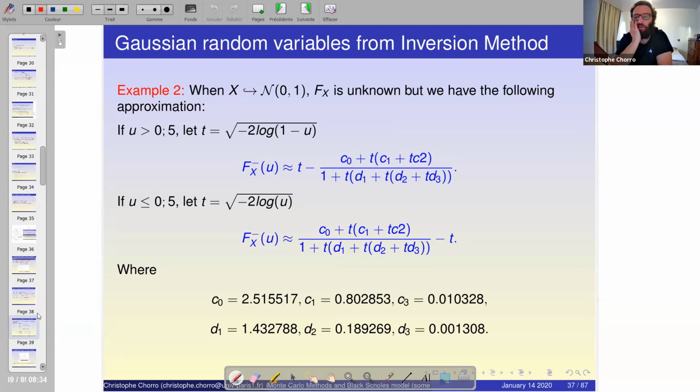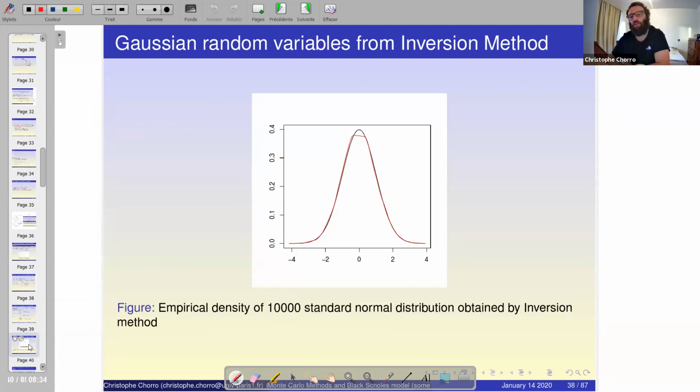But I said that we have very interesting approximations of F_X^{-1}. I give you an example of such an approximation here, and I won't spend time on the way to obtain them. It approximates the generalized inverse of the distribution function of N(0,1). If I plug in capital U, a uniform on the interval 0, 1, using the previous methodology, I can generate N(0,1). That's exactly what I have done here.